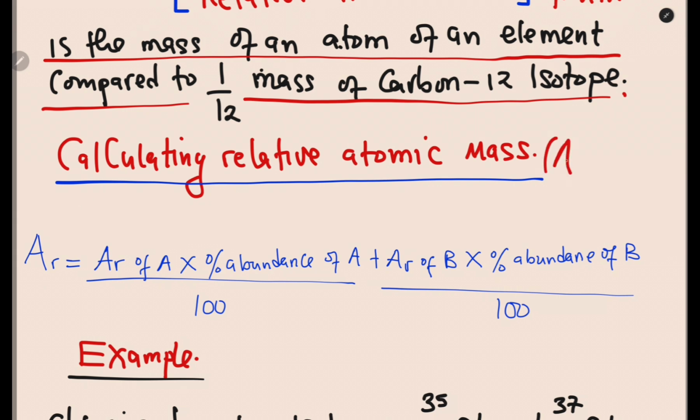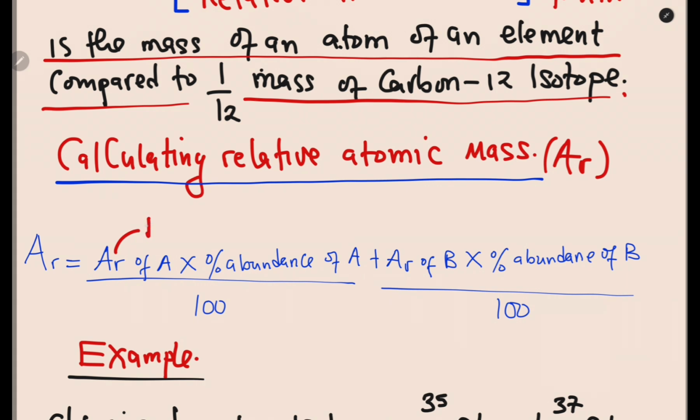AR for relative atomic mass is equal to the relative atomic mass of A. In this case, if it's an isotope, if there are 3 isotopes, normally you are given the relative atomic mass. Then you should be able to multiply it by its abundance, normally in percentage.